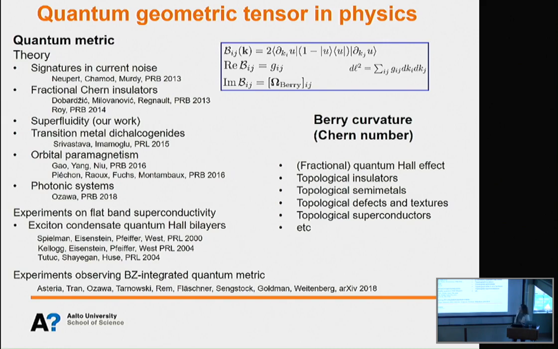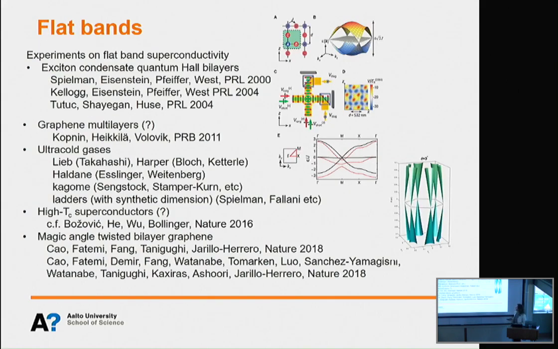And as for experiments, it is sort of inside these experiments, but has not been explicitly discussed. And now there is a first cold gas experiment where they have seen the Brillouin zone integrated quantum metric in Hamburg. So I think it's an interesting quantity to look at, and maybe we will learn a lot about the significance of this quantity in physics.